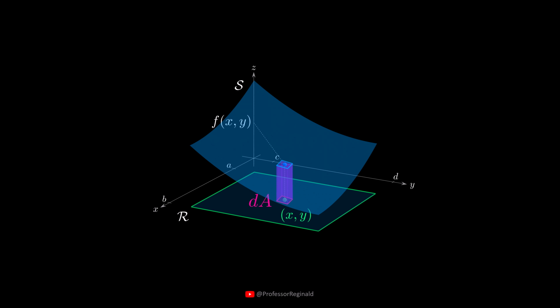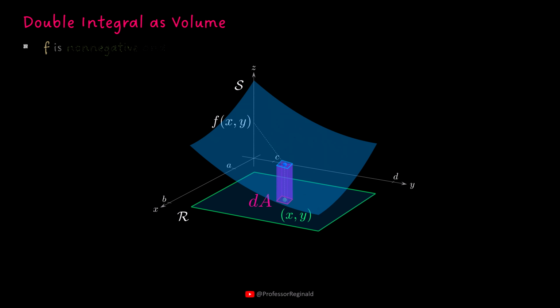Double integral as volume. We have just developed the definition of double integrals by computing the volume between a surface and the region of integration. But let us be more specific about when this is applicable.